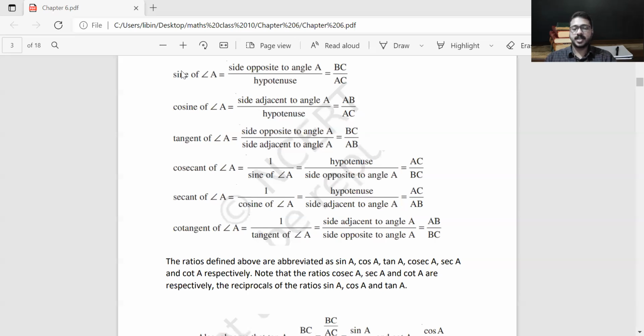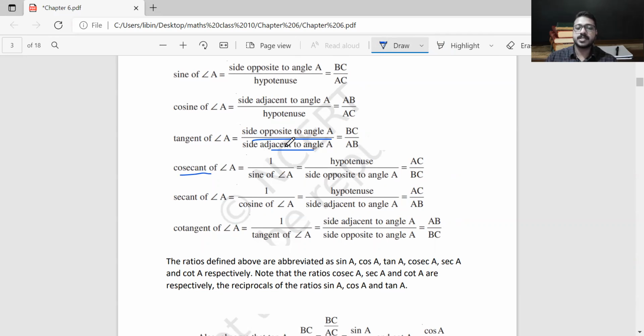See, we have studied sine, cosine, tan, cosec, secant, and cot. Sine means opposite side by hypotenuse, and cosine means adjacent side by hypotenuse, and tan means opposite side divided by adjacent side.